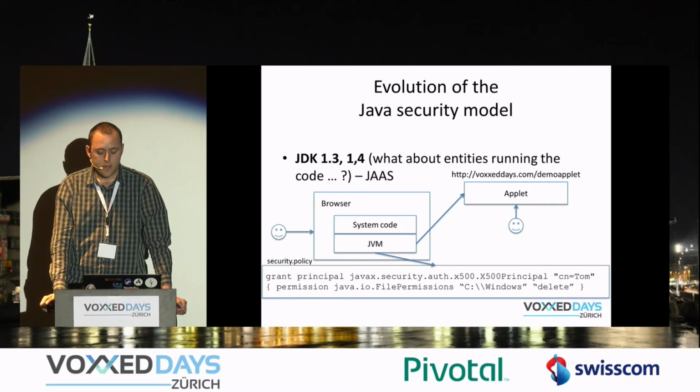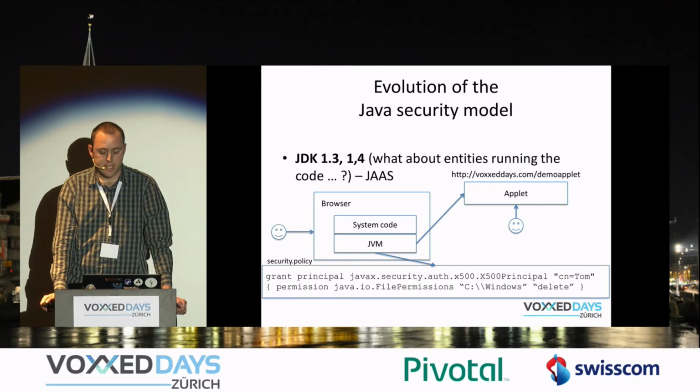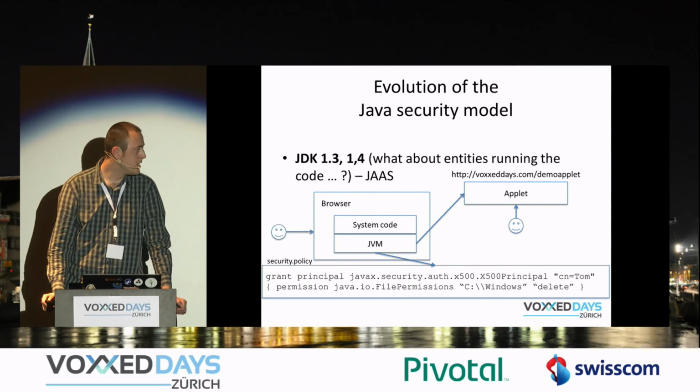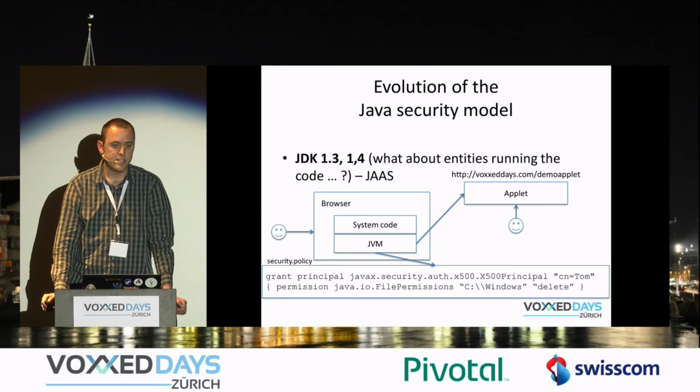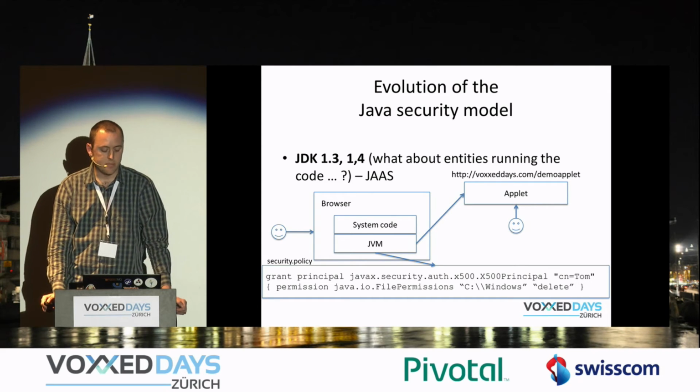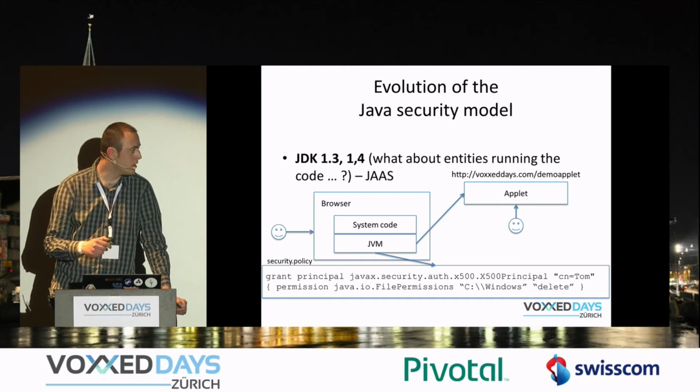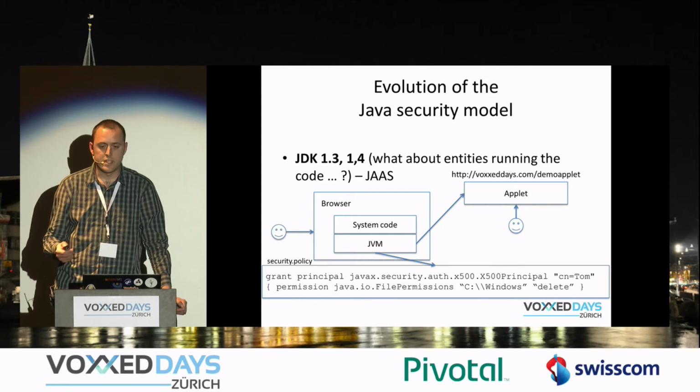For example, we can specify that only the user named Tom has the permission to delete the C Windows folder. Inside the Java security policy file, this is specified as grant principal, and we have an LDAP principal here. You can think of a principal as a property of a user.